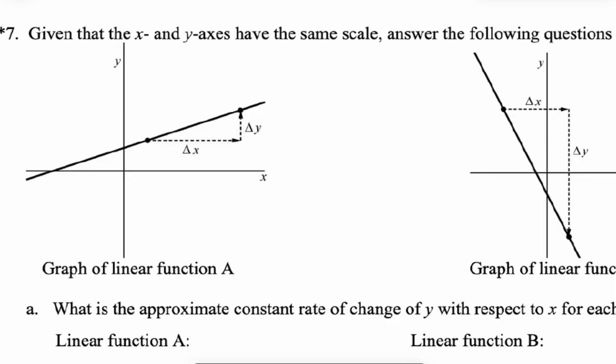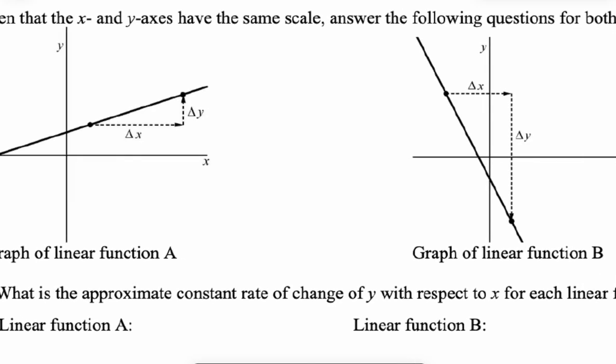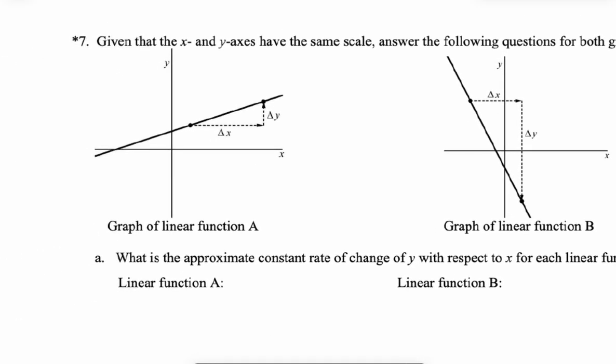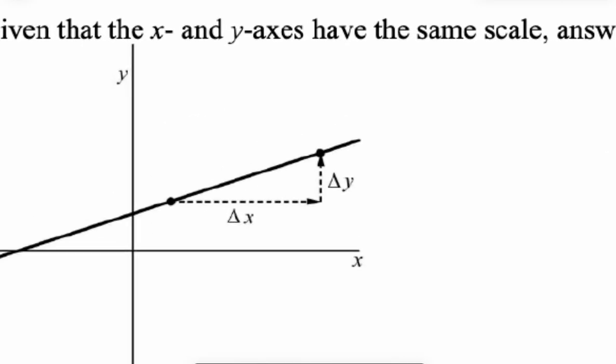So what I do is they want to find the constant rate of change. They want to find the slope, okay? Remember, that's just a fancy way of saying slope. So what I would probably do is kind of do a fake little measurement of that.